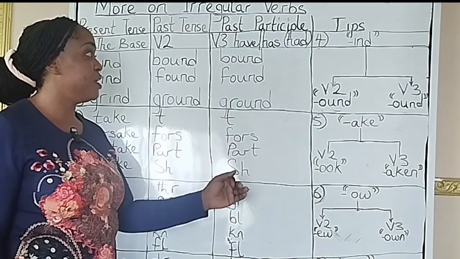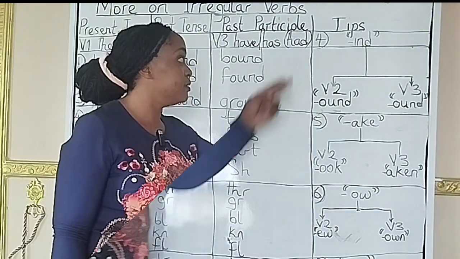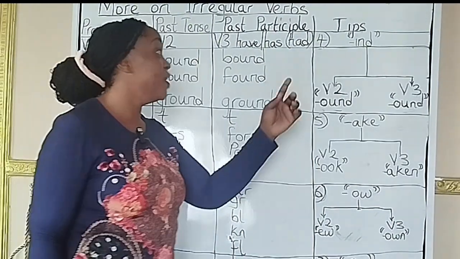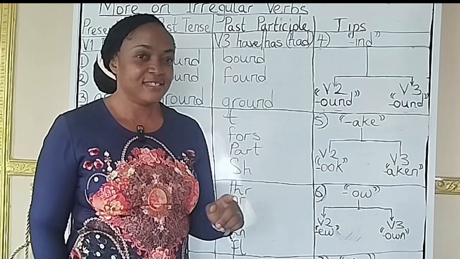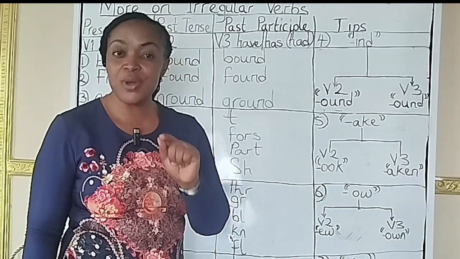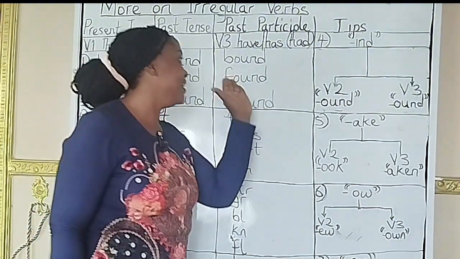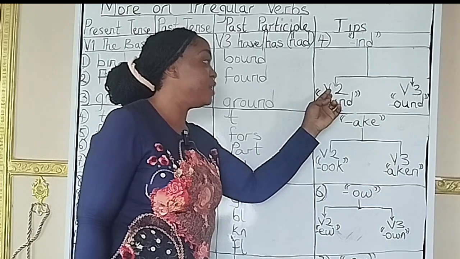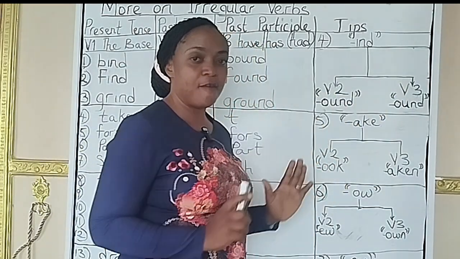All right, the first rule we have on our list, which I said is the number 4, states that when a verb ends with ind, simply change it to ound. Can we do this together? Let's see whether as V2 or as V3, they have the same formation.